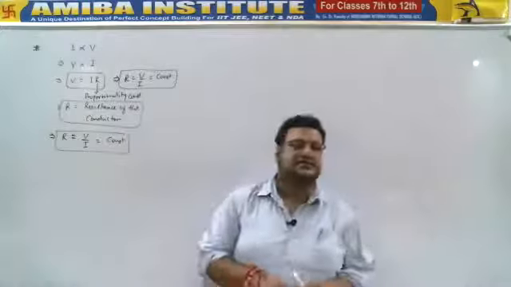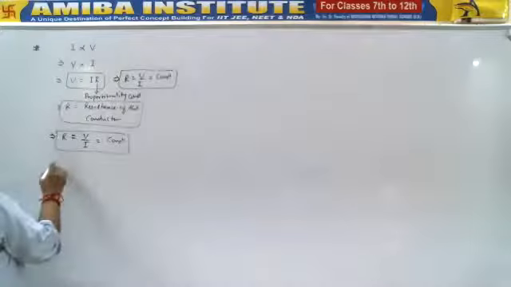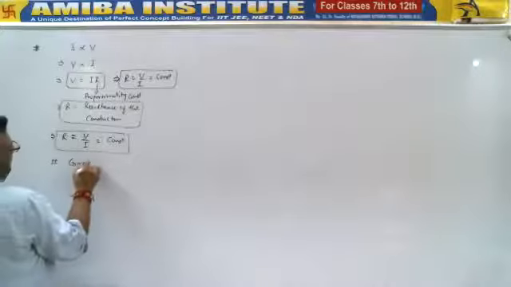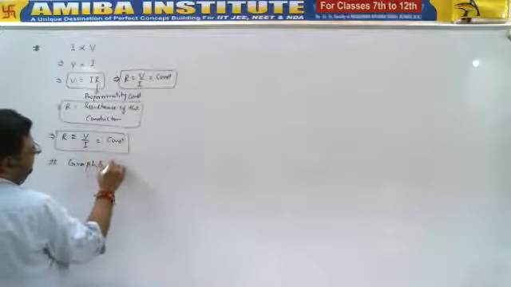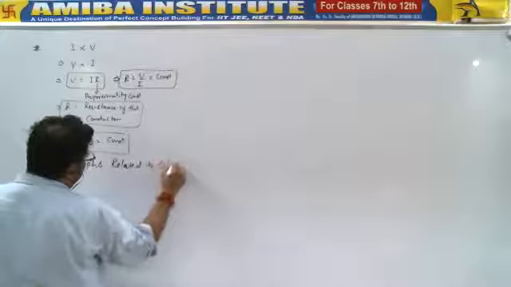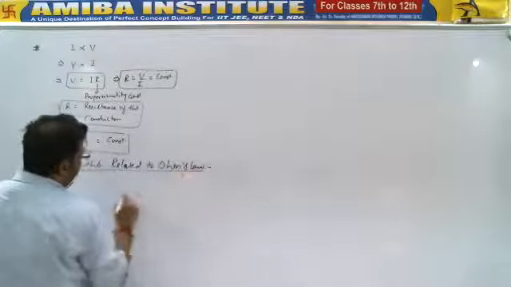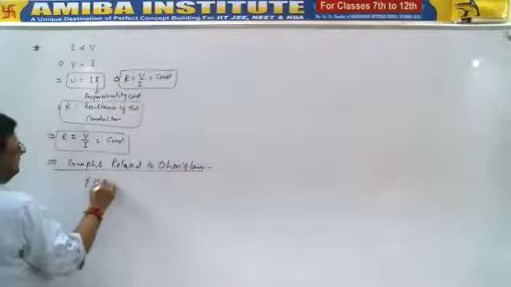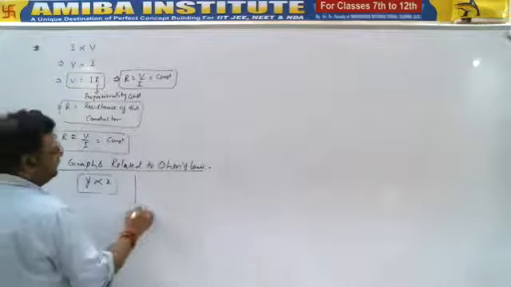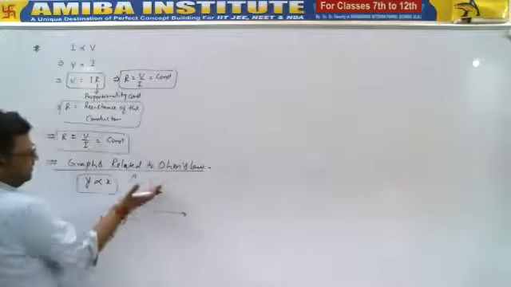So let's discuss today the graph between V and I, VI graphs, graphs related to Ohm's law. So what is the basic concept here? Learn this. Whenever this kind of relation is there, Y is directly proportional to X, then always the graph will come as a straight line, a kind of oblique line.